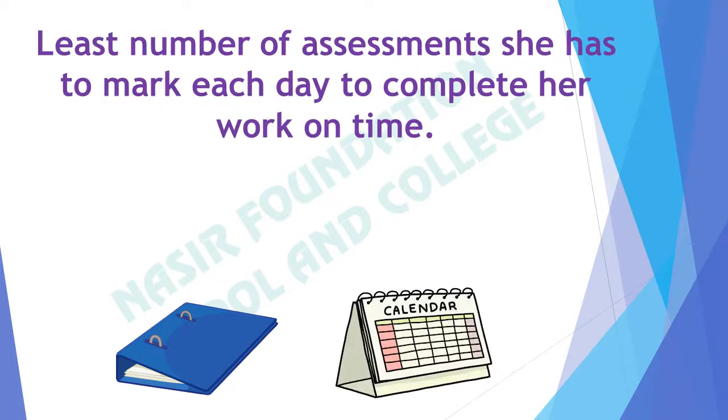For the least number of assessments she has to mark each day to complete her work on time, we will divide the total number of assessments by the number of days. If we divide 160 by 10, we get the answer 16. It means she has to mark 16 assessments each day to complete her work on time.